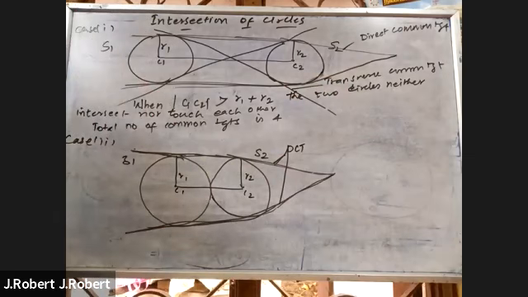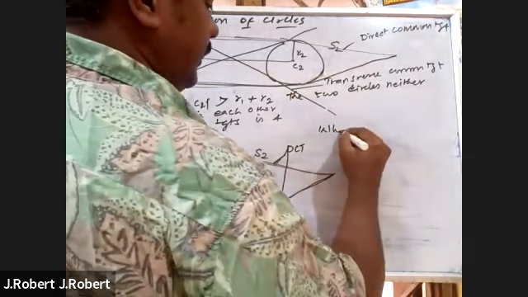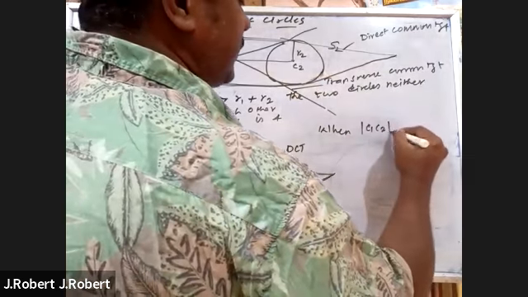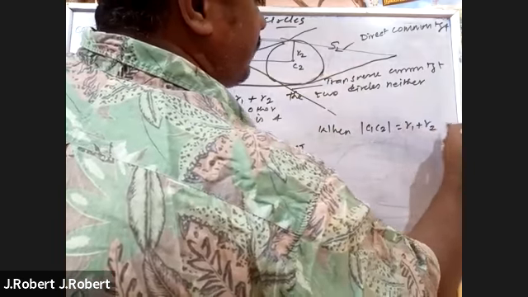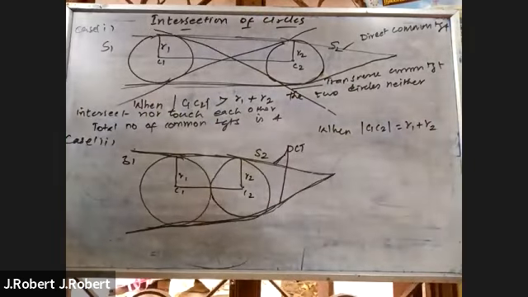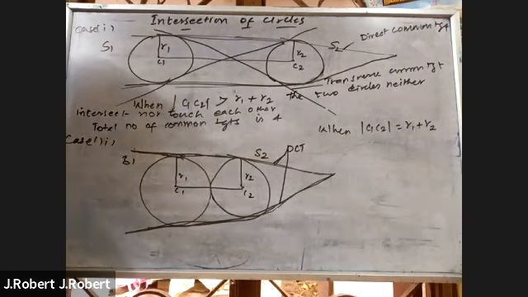அப்போ என்ன கண்டிஷன் அப்படின்னா, when modulus of C1 C2 is equal to R1 plus R2, then we can say it is a common tangent, இல்லையா? அப்போ இங்க எத்தனை காமன் tangent இருக்குன்னு சொல்லலாமா? இப்ப யாரோ ஒருத்தர் அன்மியூட் பண்ணிருக்கீங்க பாருங்க, கொஞ்சம் தயவு செய்து மியூட் பண்ணுங்க.